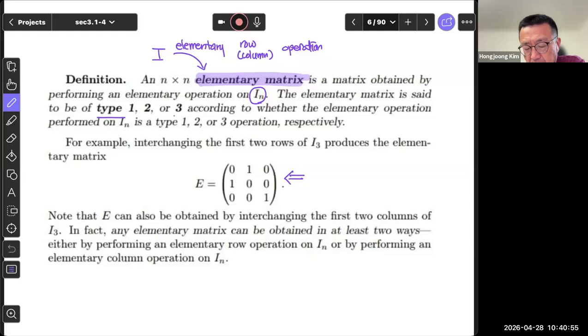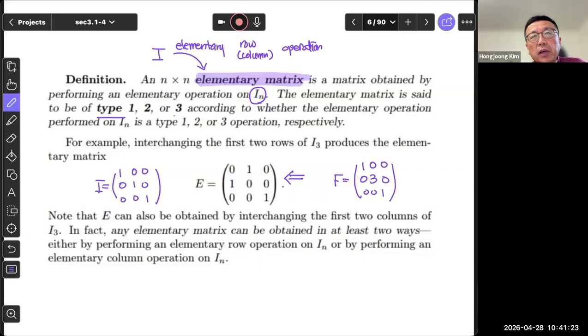So this E will be called an elementary matrix of type 1. Given this identity matrix, if you multiply 3 to the second row, you obtain 100, 030, 001. So F will be called an elementary matrix of type 2.